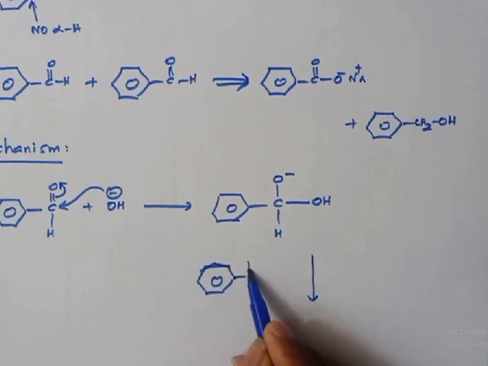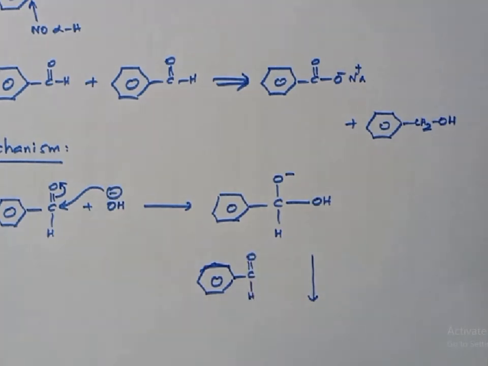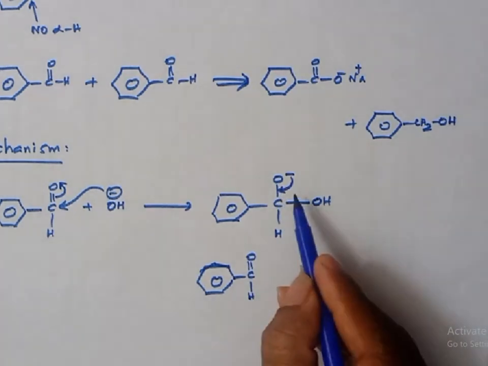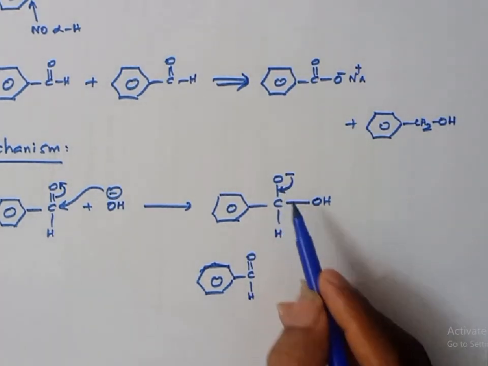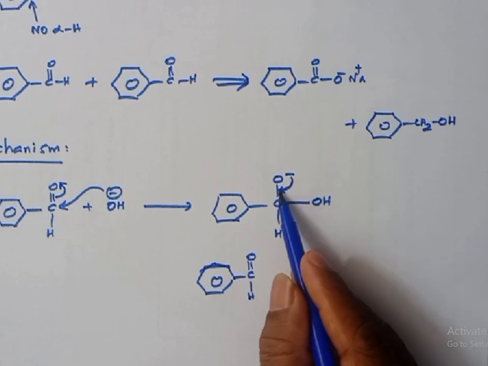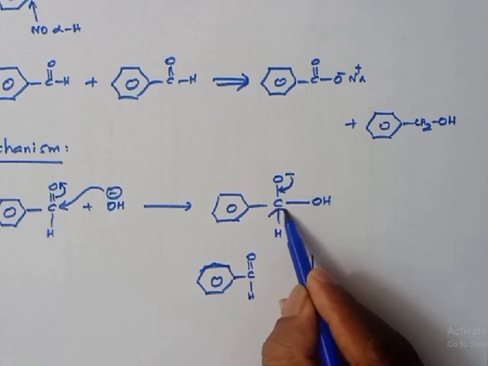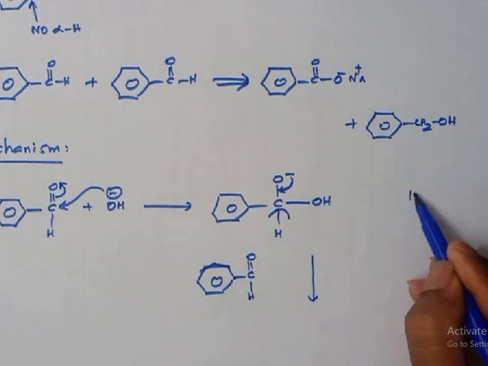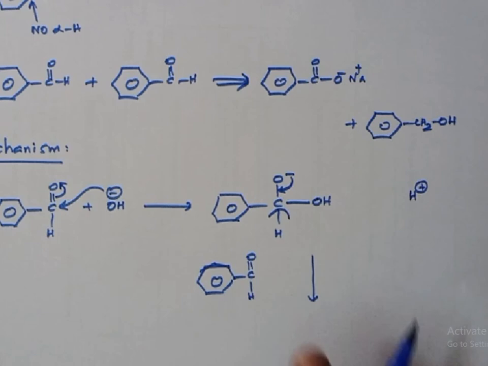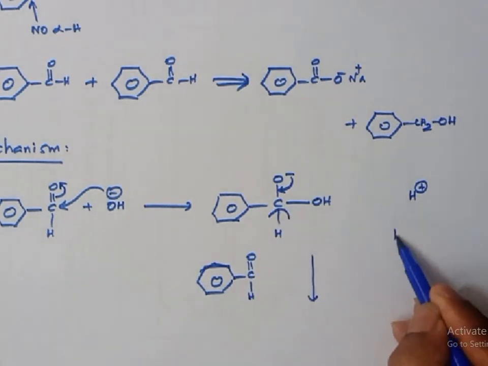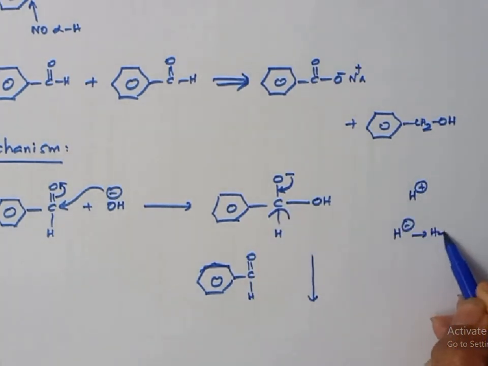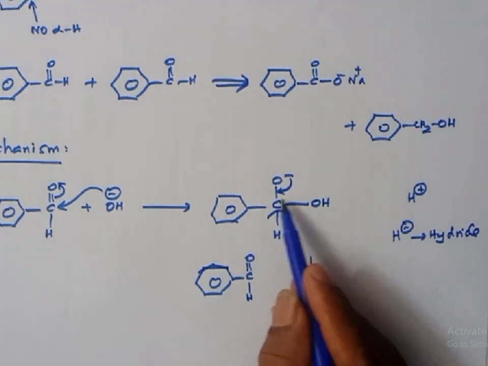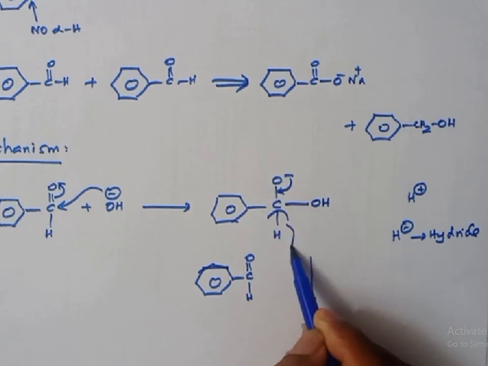This minus charge will come over here, and you will get again C double bond O. When this minus comes here, this hydrogen comes with the bond pair. When hydrogen comes without the bond pair, you will get H plus. If hydrogen comes with the bond pair, you will get H minus. H minus is called hydride ion. So a hydride ion is transferred from one molecule to the other molecule.